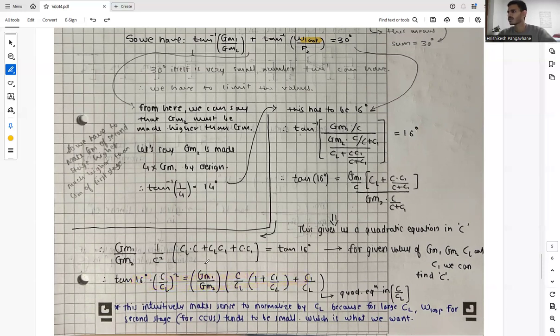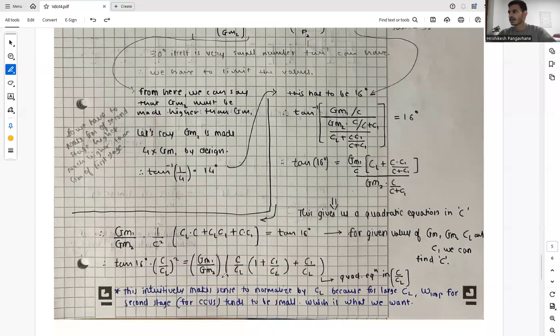And for the given values of gm1, gm2, CL, C1, we can easily find C. And this intuitively makes sense to normalize C by CL, because for larger values of CL, omega loop for the second stage, basically for our current control voltage source, tends to be small, which is what we want.